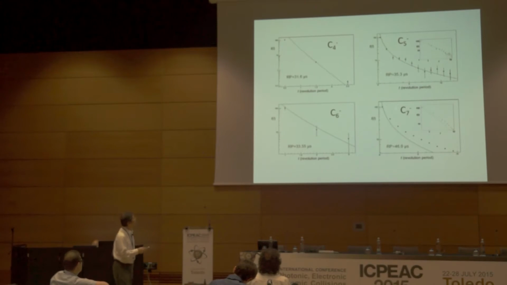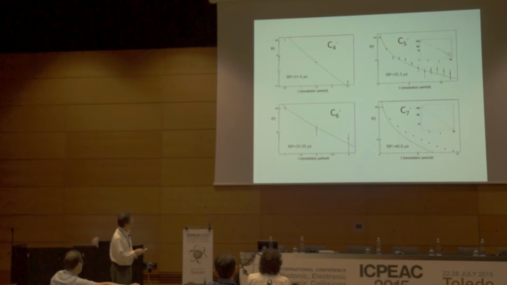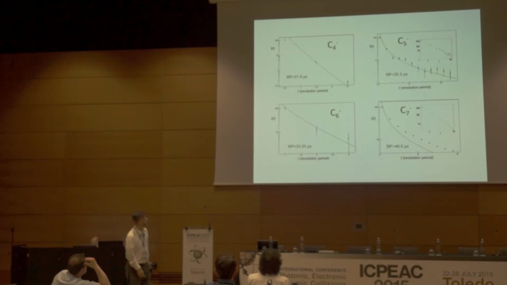But for odd numbered clusters, even after 10 revolutions, we can see the detachment product. And the simulation fairly agrees with the experiment. Now we understand that for even numbered clusters, electronic cooling works, and for odd numbered clusters, it does not work.